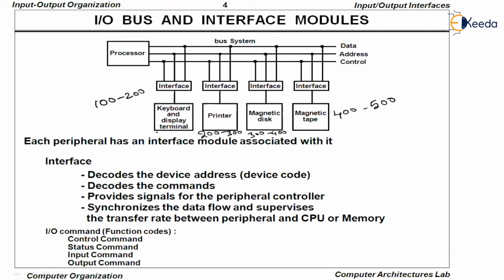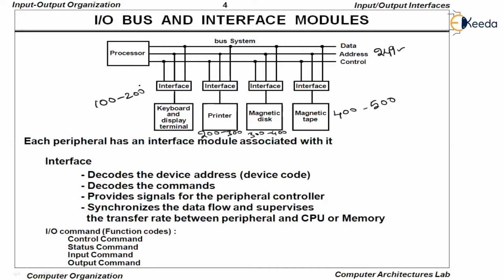Now whenever the processor wants to communicate with one device, it is going to send a proper address, and the address bus is going to carry that address. Let us say the address is 249. The address which is now in the address bus is 249, and the data will be available in the data bus.